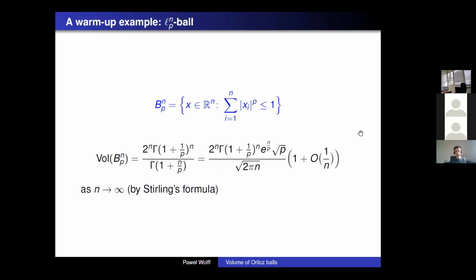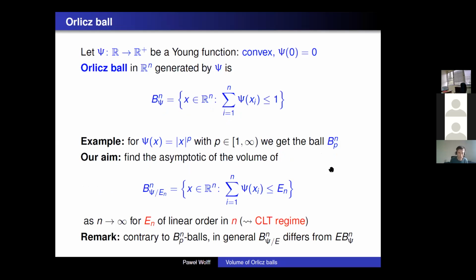The unit ball is like you see here, and one can compute the volume exactly with the exact formula, and if one wishes to, one can provide a more compact formula in n, via Stirling's formula, to provide an approximation with some relative error, 1 plus big O of 1 over n.